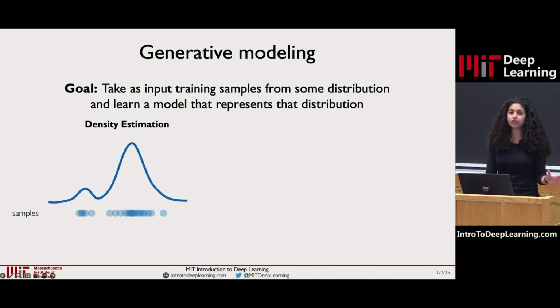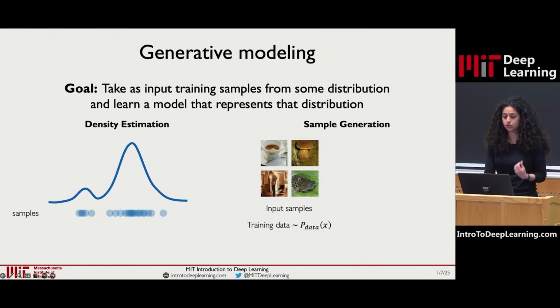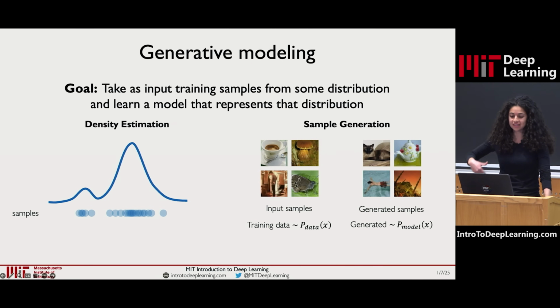Now, when we learn this distribution, that allows us to sample from this probability distribution, to now actually generate brand new data instances because we've built up a model that captures that underlying probability distribution of the data. What this means is that generated samples reflect that distribution.